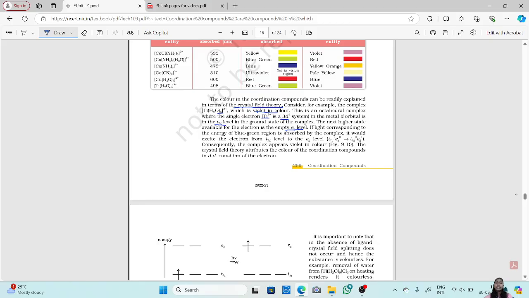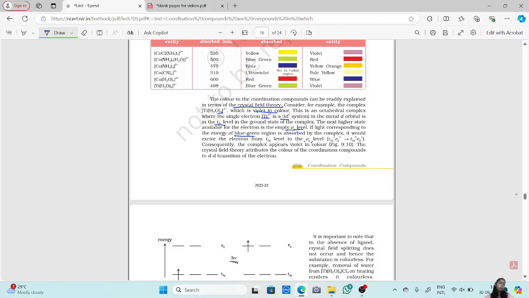Now if the light corresponding to the energy of the blue-green region is absorbed by the complex, it would excite the electron from the t2g level to the eg level. If the complex absorbs the color from the region of blue to green, it would excite the electron from t2g level to the eg level.